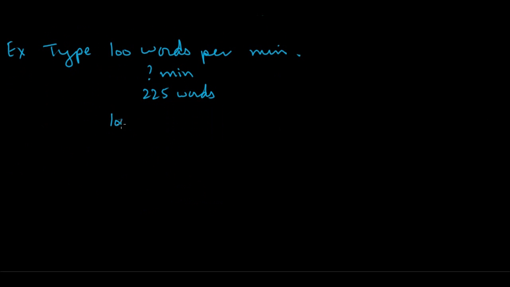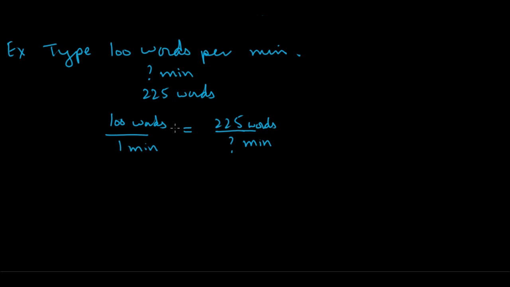This person types 100 words in 1 minute, and you want to know for 225 words how many minutes. With a proportion, the same thing should go in the numerator, same thing in the denominator. So for 225 words, how many minutes?